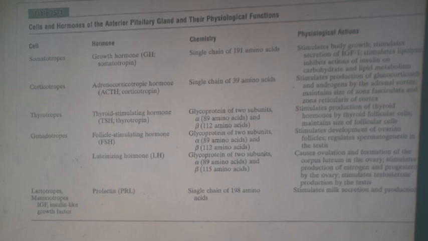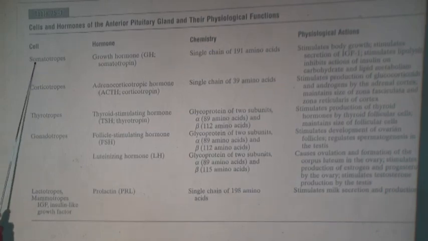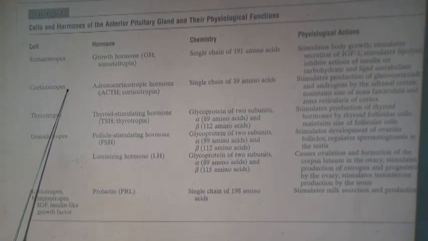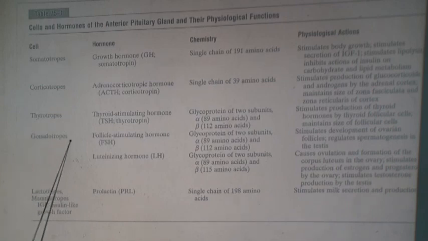Now we see the hormones of the anterior pituitary. When we take a histological section from the anterior pituitary, we find that there are at least 5 types of cells. These are the cell types: somatotropes, corticotropes, thyrotropes, gonadotropes, and lactotropes or mammotropes.